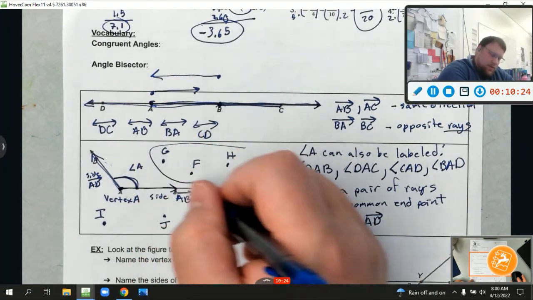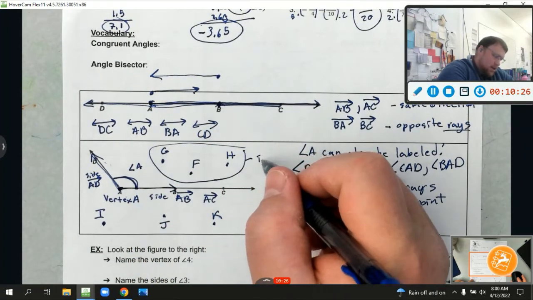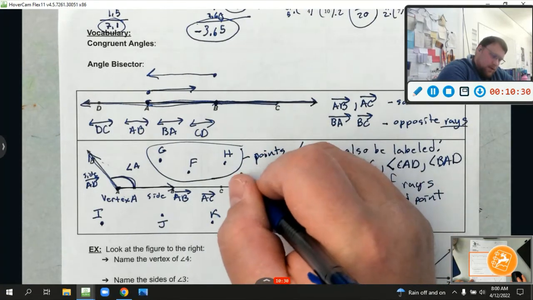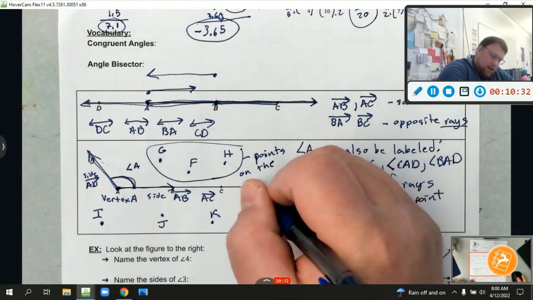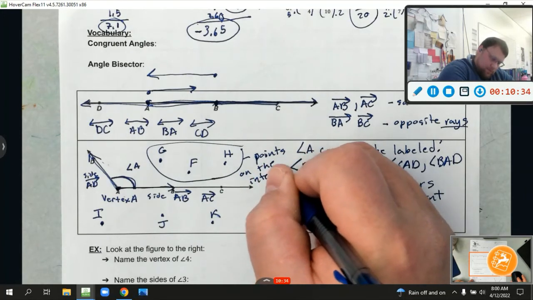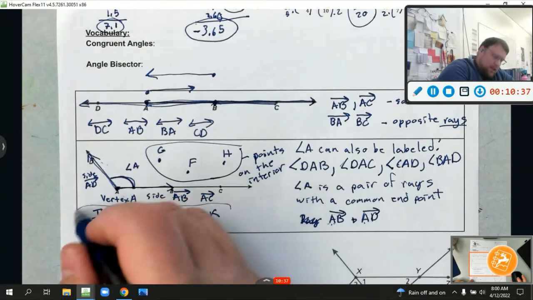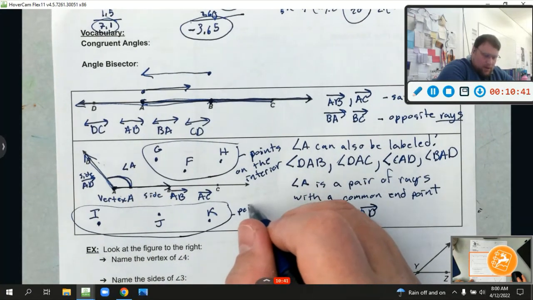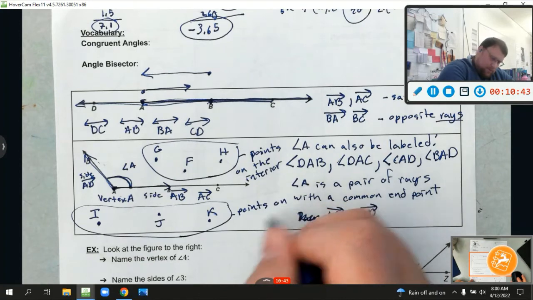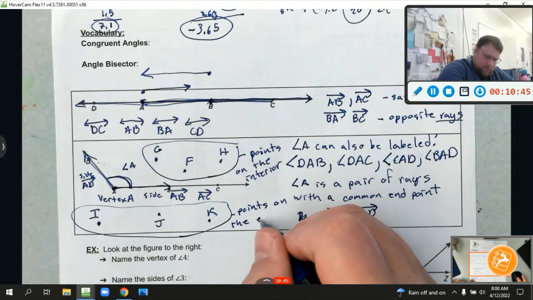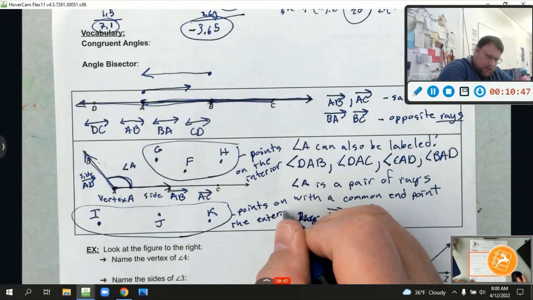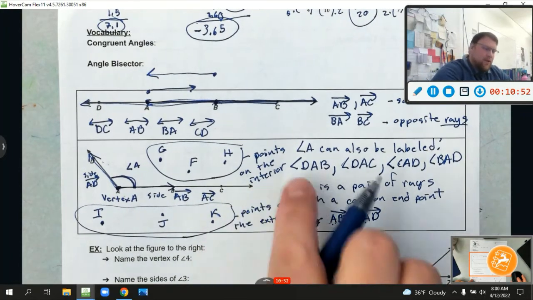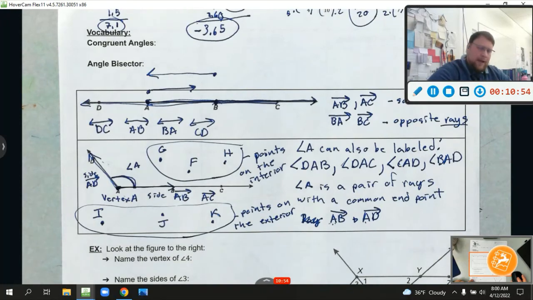So these points right here are called points on the interior. These points that are on the outside are called points on the exterior. And it just helps us to know what points are on the outside or the inside of the angle. If they're inside, they're interior. If they're outside, they're exterior.